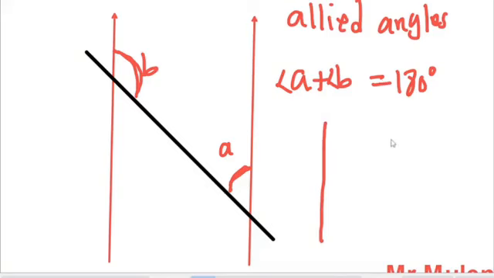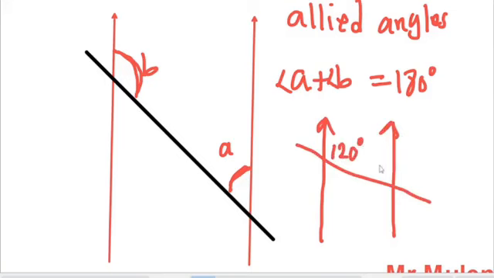For instance, if you have these two parallel lines like this, and there is a transversal here, and here you have 120 degrees, and here they say you have angle Q. Find angle Q. When you add this angle 120 and this angle Q, it should give you 180. So 120 degrees plus Q should give us 180 degrees.